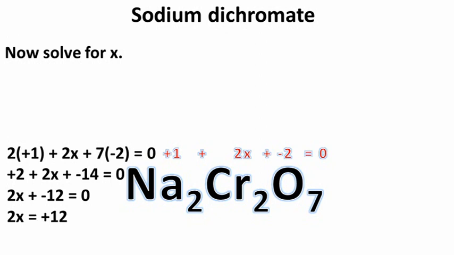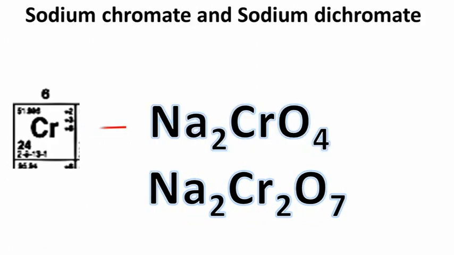And 2x is equal to plus 12. Solving for x, x is equal to plus 6. After solving for x, the oxidation number for chromium in both compounds will be plus 6.